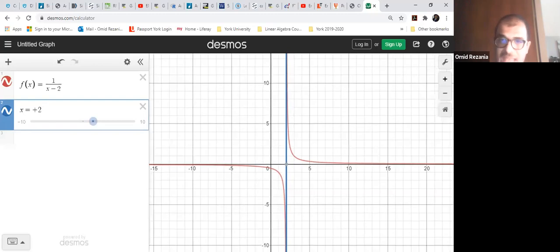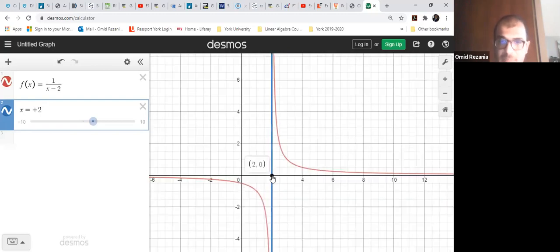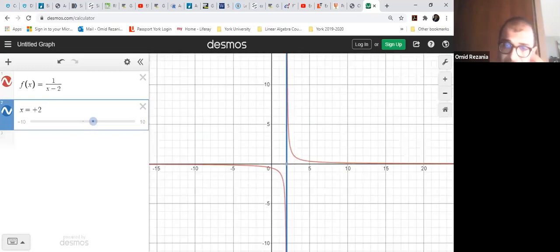You see that the blue line at 2 on the x-axis becomes almost tangent to the two wings of the function, which go to infinity. At x equal to 2, the function goes to infinity.